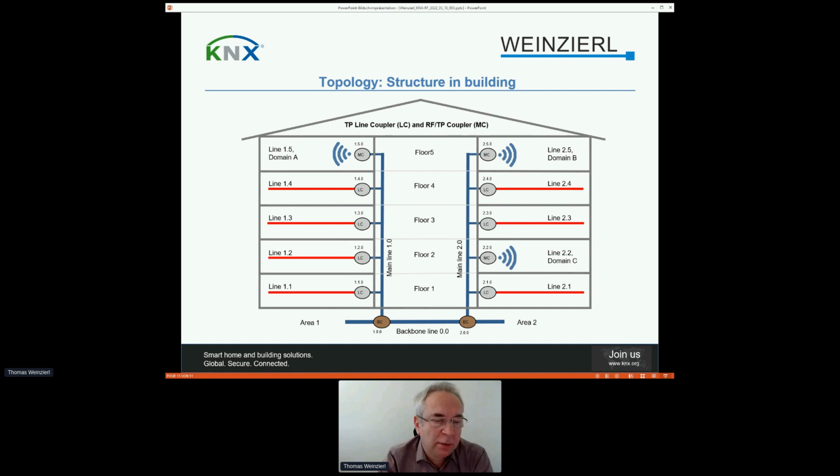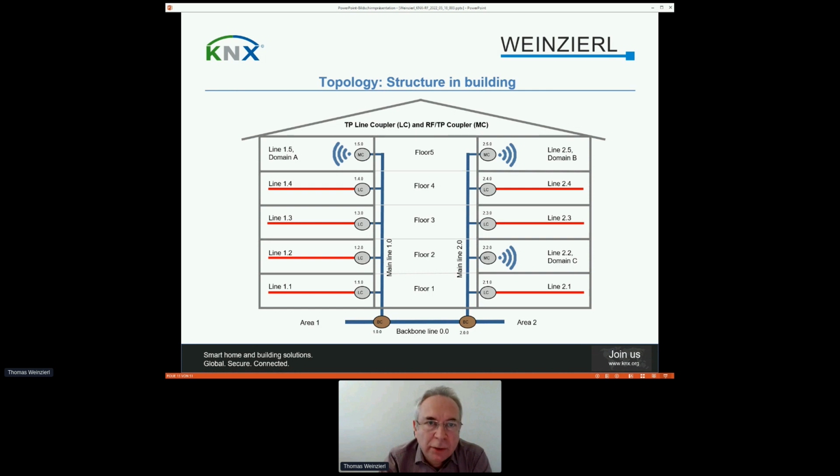Here, an example with maybe a full-fledged installation. So you have a couple of lines for twisted pair and a few domains for Knx Rf. And the backbone may even be implemented in Knx twisted pair. And this is really a very high benefit of the Knx standard. We can have all these different media.